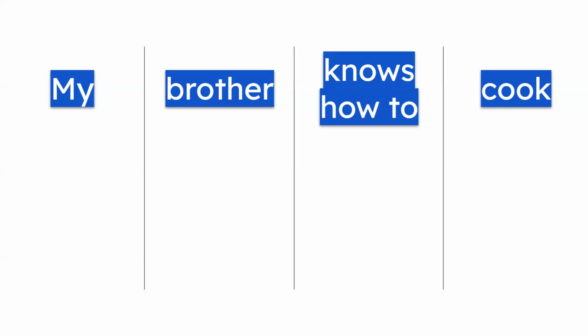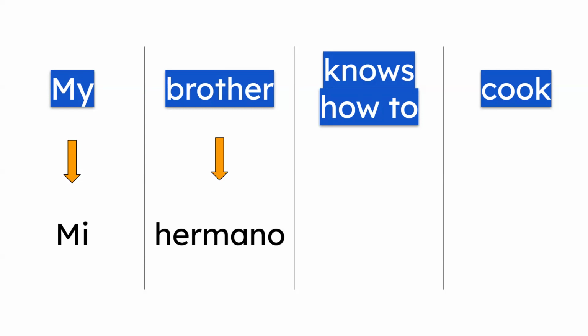Maybe "know how to" not yet because we haven't seen that before, but "my brother," you know how to say that, right? Okay, mine is mi, that's right, brother, hermano, hermano.